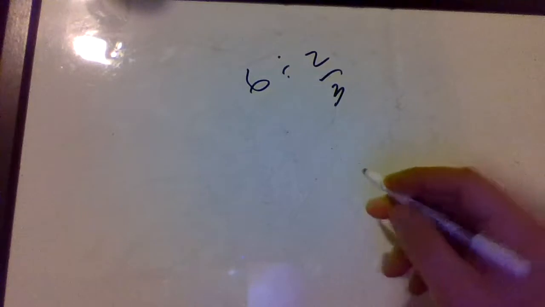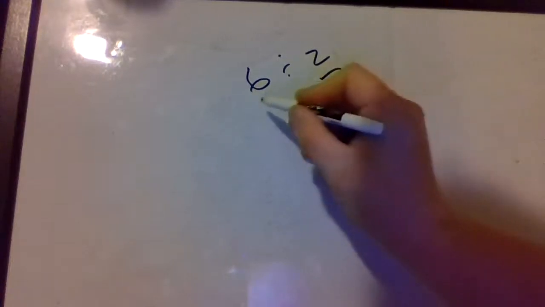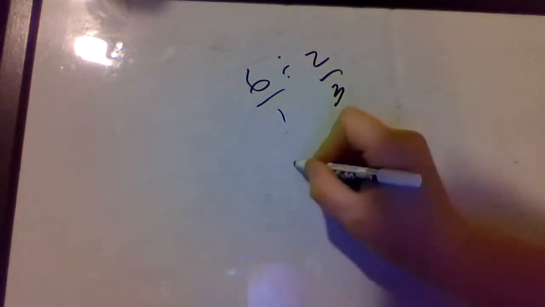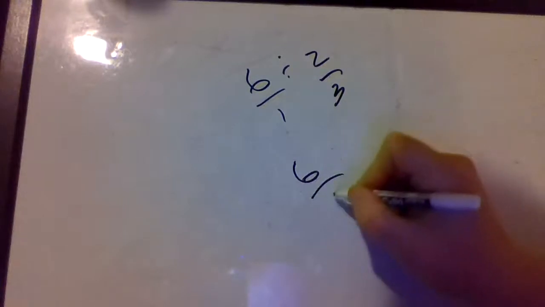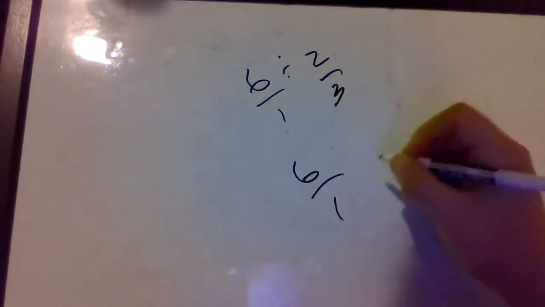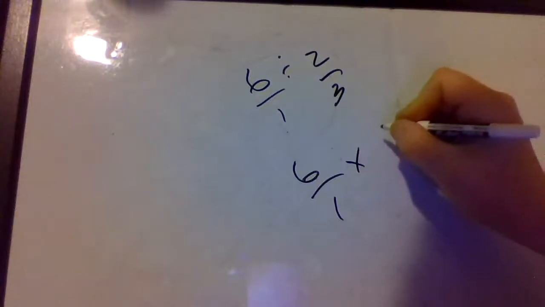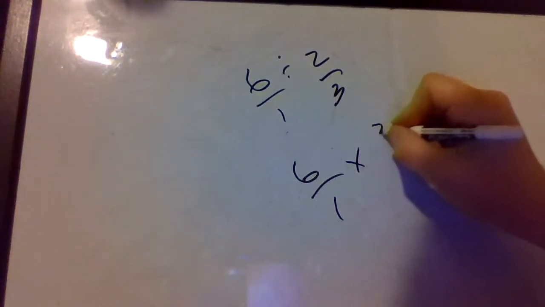Anytime you see a whole number, what number goes under it? Right, 1. So we put a bar and put a 1. Now we just do what we've been doing. Keep 6 over 1, change division to multiplication, and flip 2 over 3 to 3 over 2.